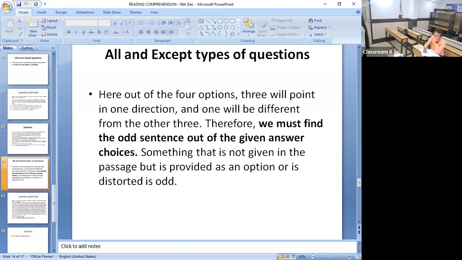All and except type of questions. So here you basically have to find the odd sentence. You can write in brackets: find odd sentence. Okay.